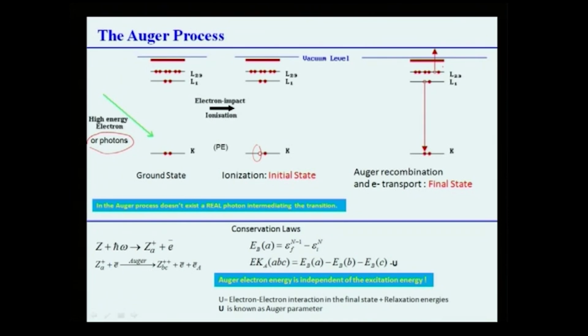If you use a conservation law, the energy of the material is basically the difference of N1 minus N, the final state and the initial state, where N is the number of electrons. EKA, that is the Auger ABC, ABC being the three processes: A the beginning process, B the intermediate process, and C, minus U. U is basically the energy to remove the electron. So, the Auger electron energy is independent of the excitation energy, as I have told you. U is known as the Auger parameter, which is a machine-dependent parameter.